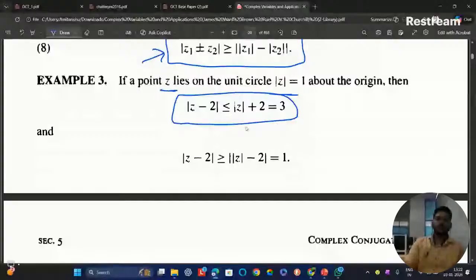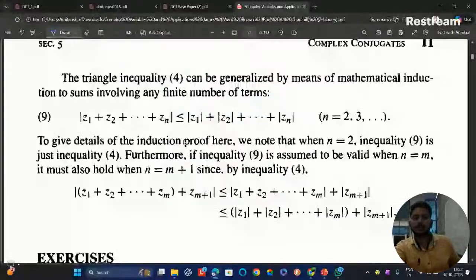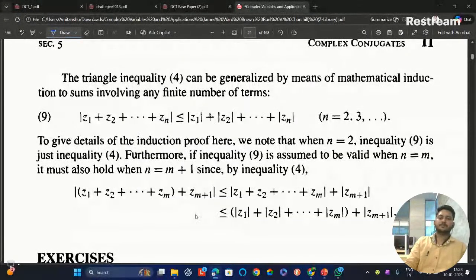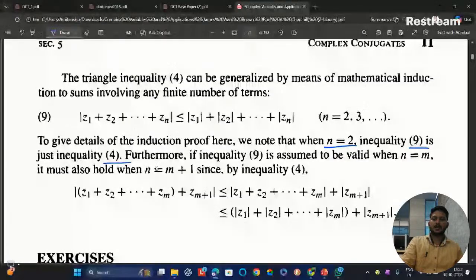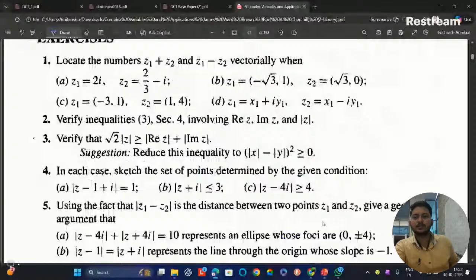So use the triangular inequality for a finite or infinite number of terms involved here and their sums. Better to use the notation for n equal to 1 in inequality 4, and for inequality 9 assume that n is equal to m. Then take n equal to m plus 1, since by inequality 4 it comes like this. So these are some basic exercises.